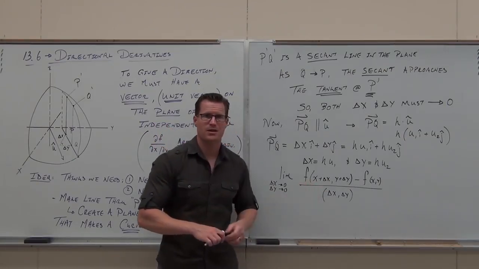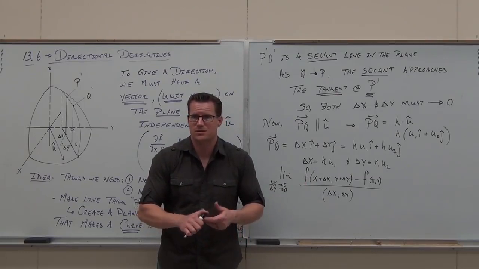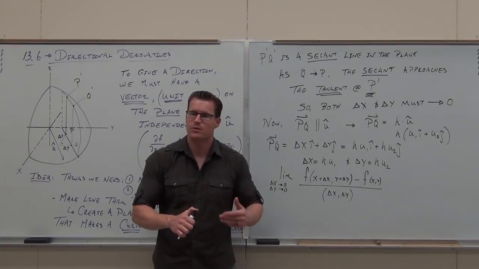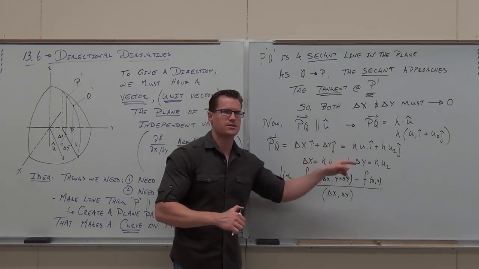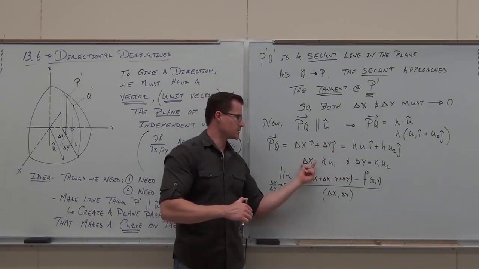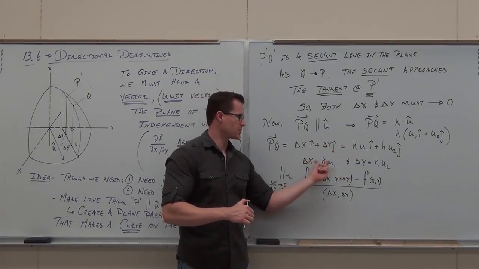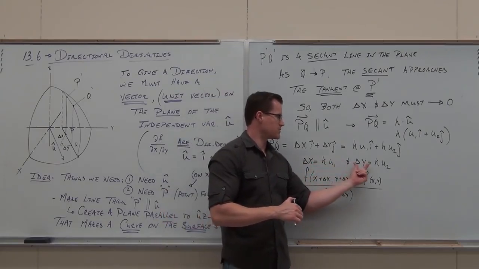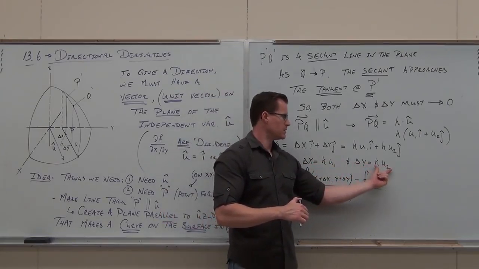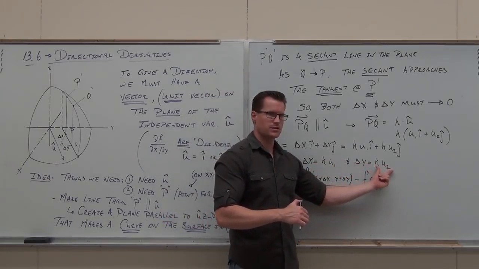Especially since that's probably the Pythagorean theorem, delta x squared plus delta y squared inside of the square root. It sucks. But what can we do? Use this. Every place we now see delta x, replace it with this. Every place we now see delta y, replace it with this.